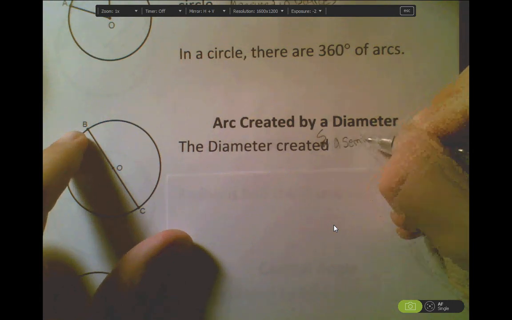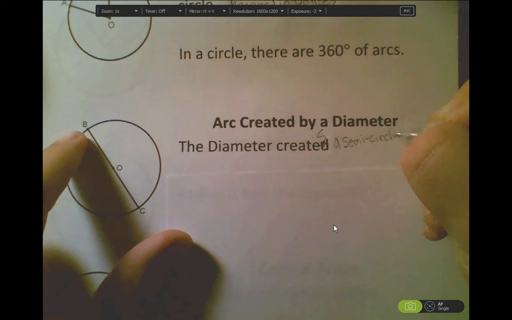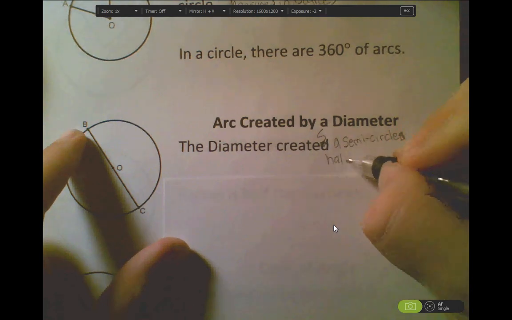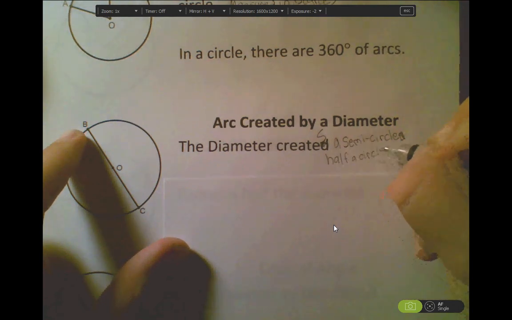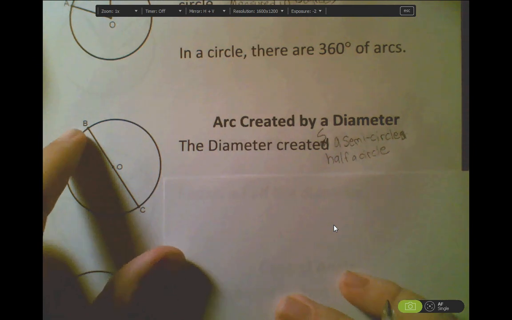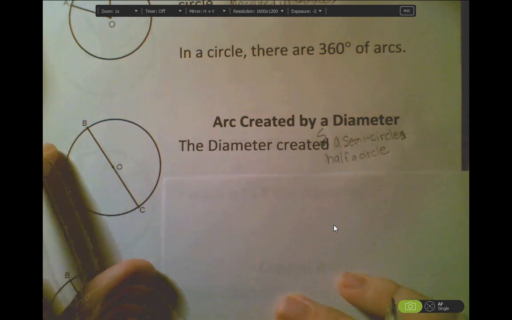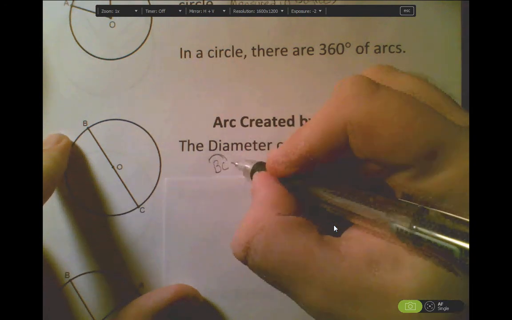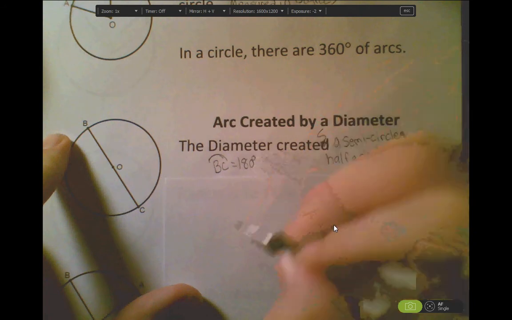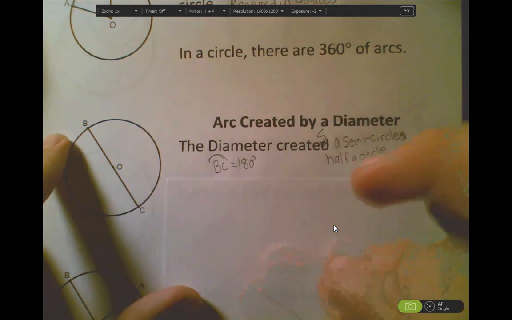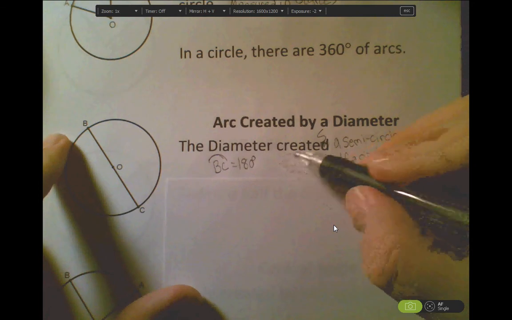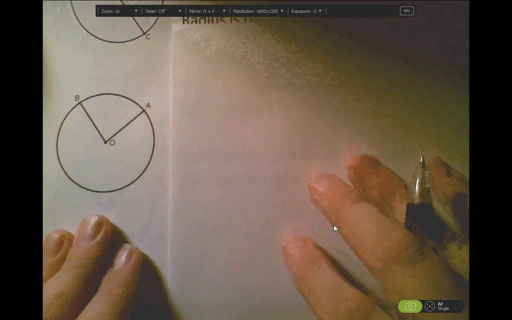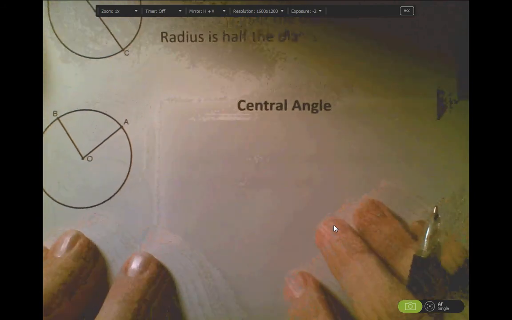You may have heard this term before, maybe in some science classes. A semicircle is half a circle. So if we're talking about arc BC here, which is the diameter, it's going to be 180 degrees. So basically, the semicircle has 180 degrees in it.